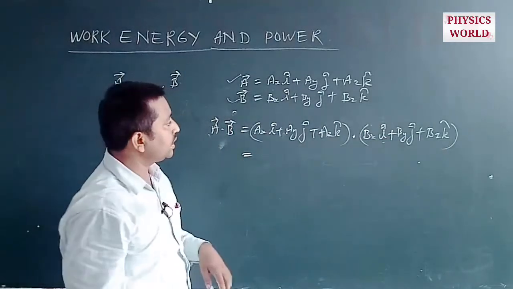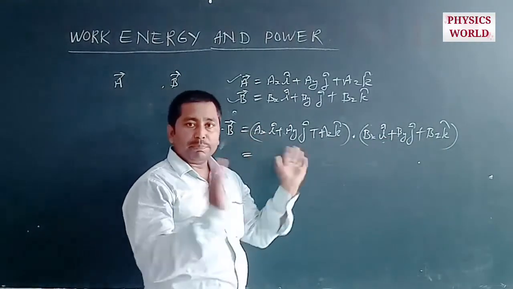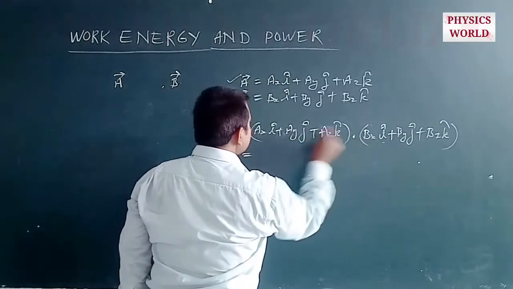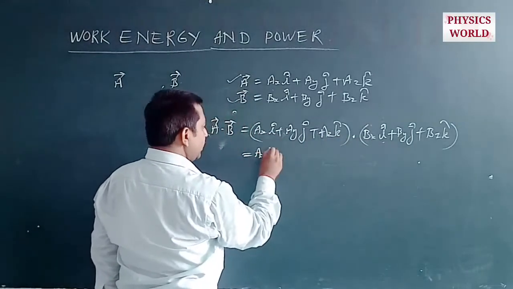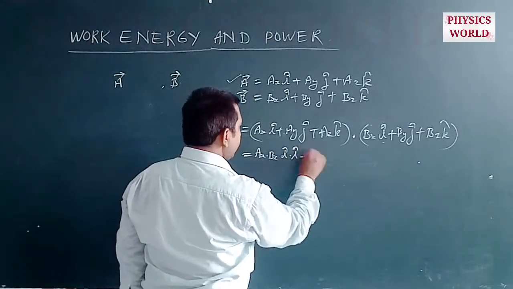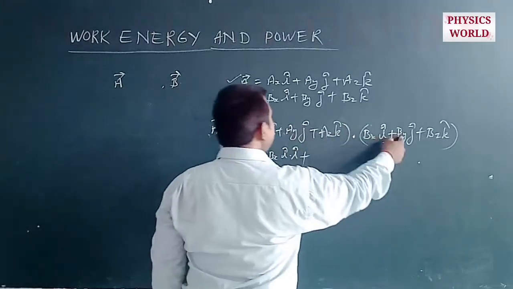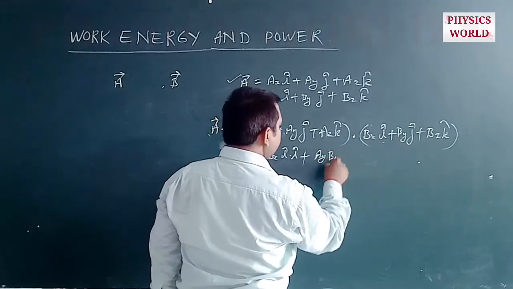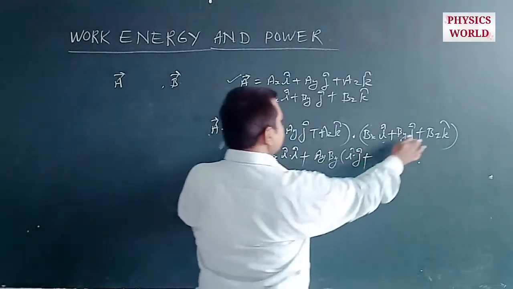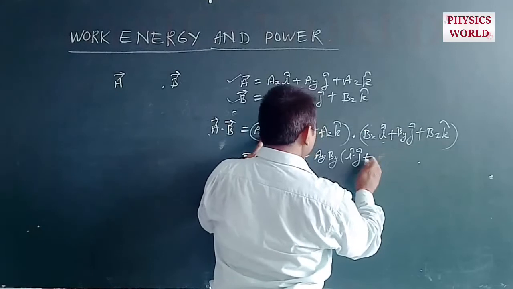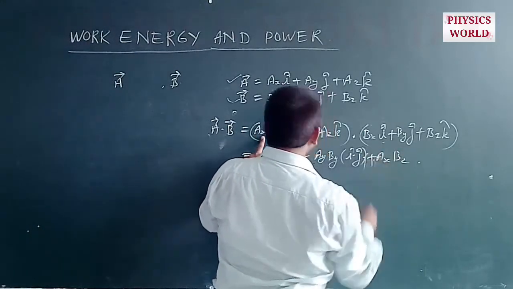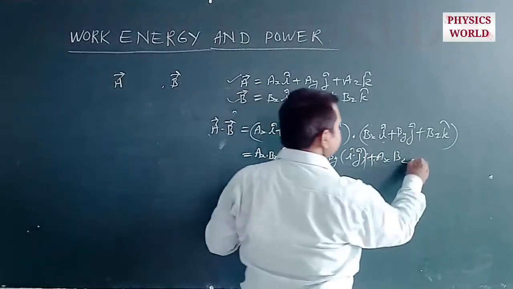So this becomes equal to, if we multiply all these things, AX BX i dot i plus AY BY i dot j plus AX BZ i dot k.